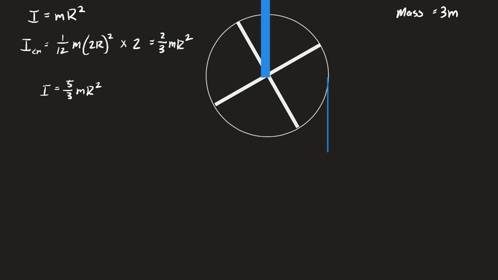We're simply repeating that part of the problem. So this one's mass m, and I have a force on this side. And it too is going to be the same as the last one. So its mass is 2m.